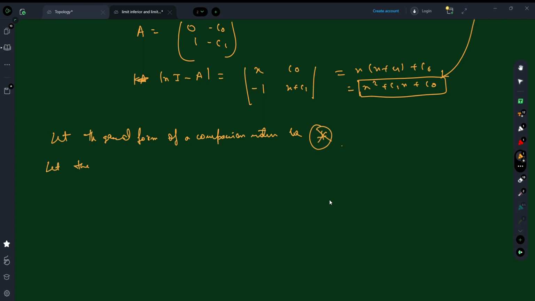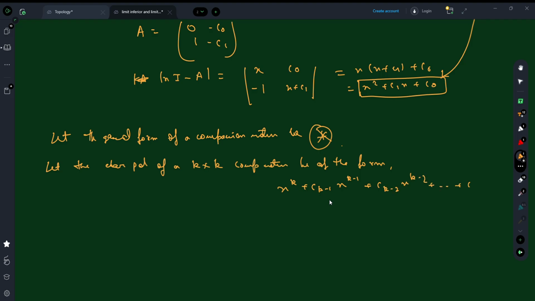Let the characteristic polynomial of a k cross k companion matrix be of the form x to the power k plus c(k minus 1) x to the power k minus 1 plus c(k minus 2) x to the power k minus 2, and so on till c1 x plus c0.